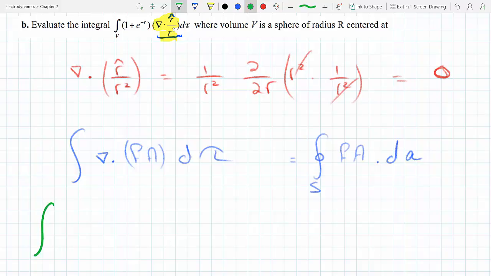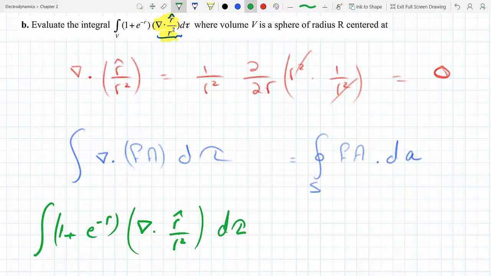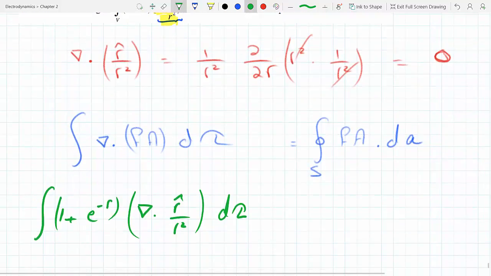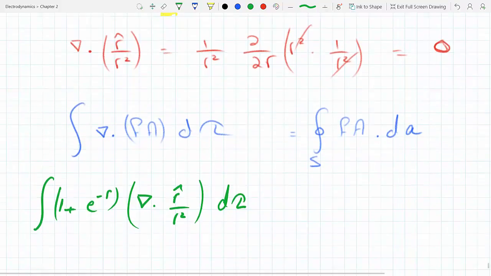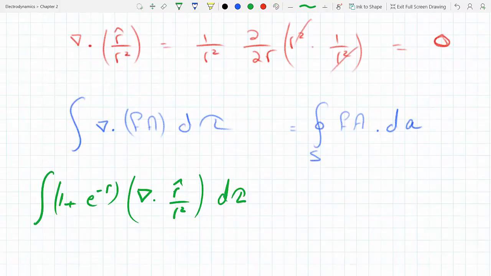Now if you apply this divergence theorem, let's evaluate. So this is 1 plus e to the minus r over r squared d tau, but the problem is this has an r in it too.